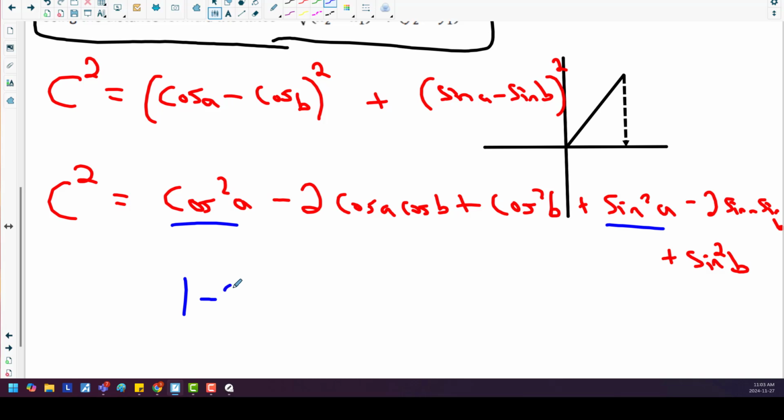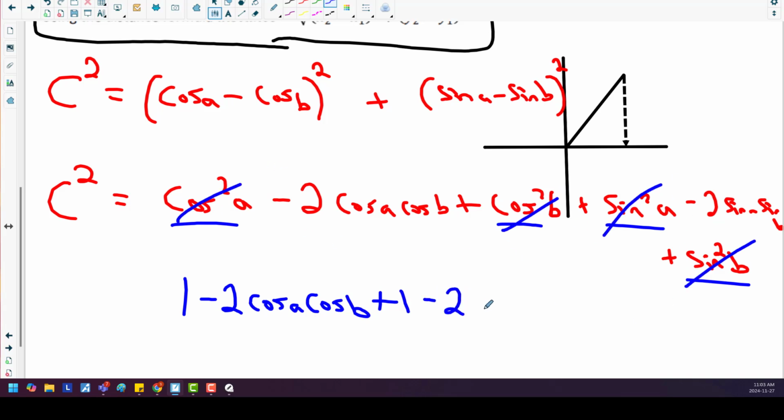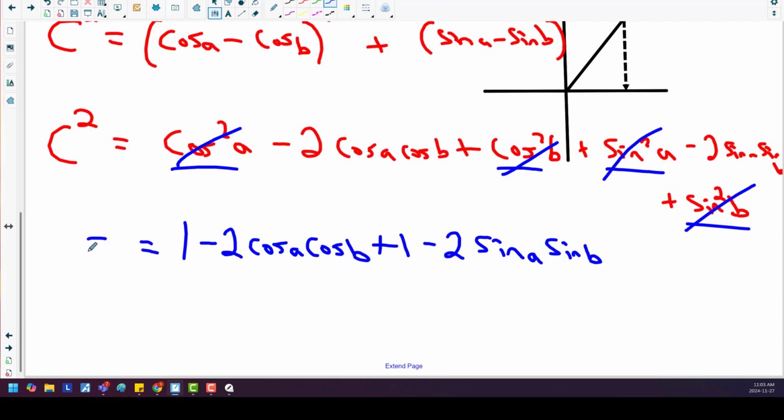So that's going to be 1 minus 2 cos A cos B. And now here we have plus cos squared B and sine squared B. Once again, same thing, same angle. Cos squared plus sine squared is also going to be equal to 1. So that's going to be plus 1. And so we've got rid of this, got rid of this, and we're left with minus 2 sine A sine B. And this is all equal to c squared.